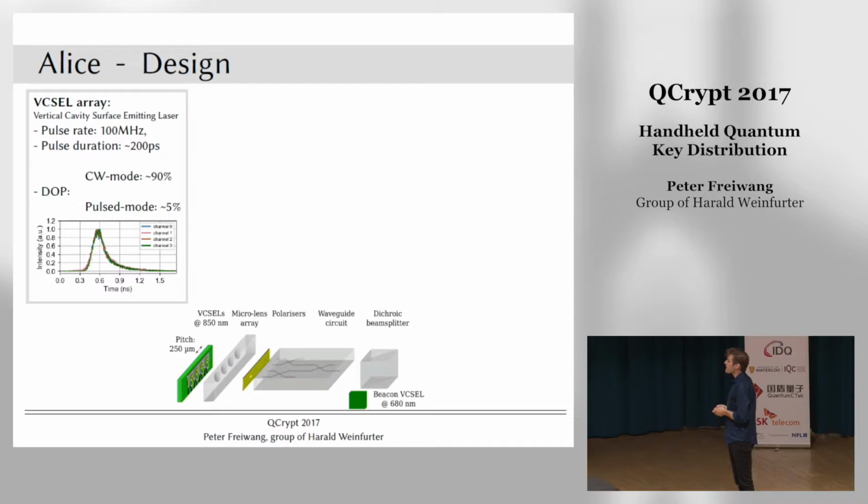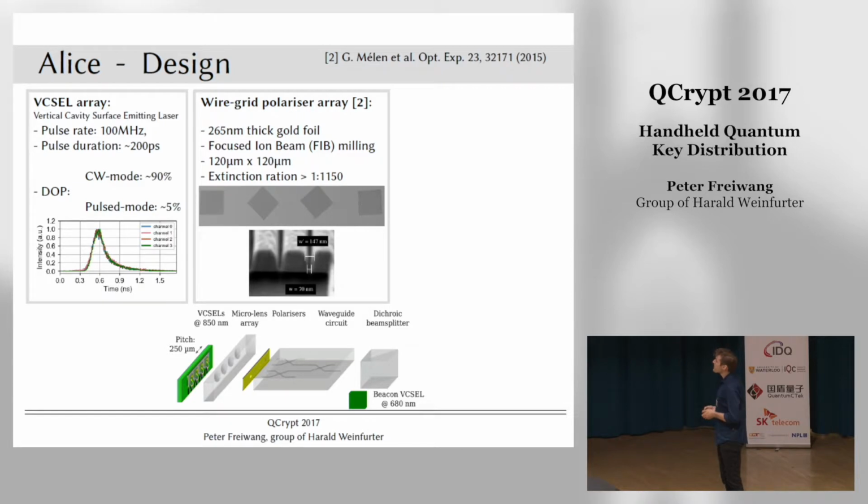One interesting thing about the diodes is that the degree of polarization is quite low in pulsed mode, which allows us to reset the polarization. We do this with a wire grid polarizer array, which is basically a 265 nanometer thick gold foil, and we create such patterns on this gold foil by using a focused ion beam.